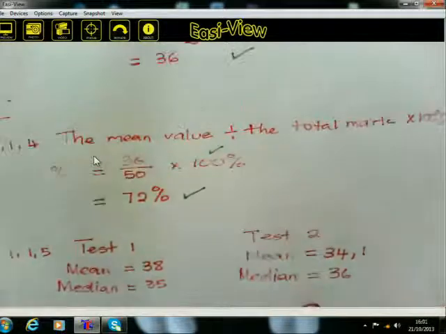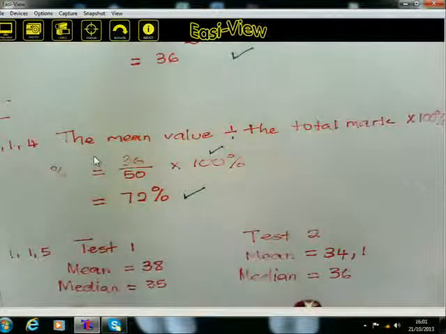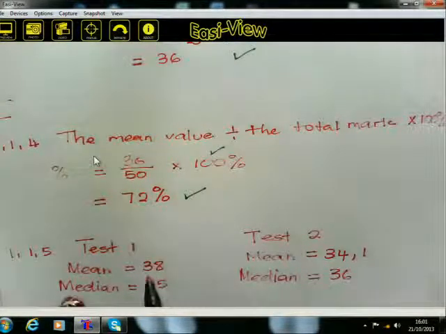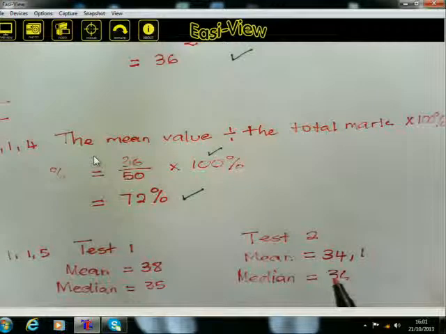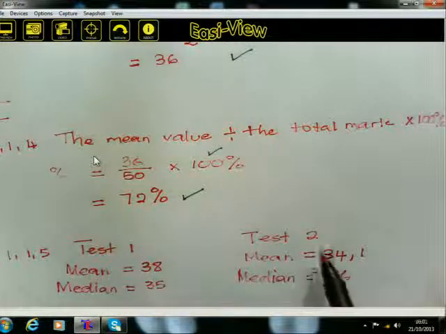So as you can see, you have collected the mean for test 1 and the median for test 1. Then you got a mean for test 2 and median for test 2.